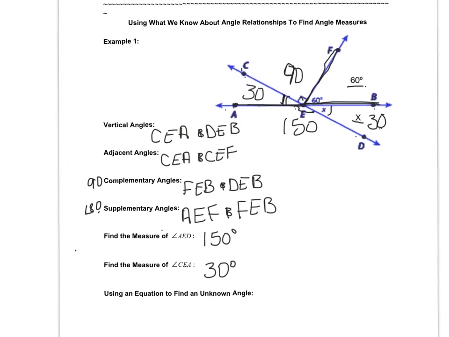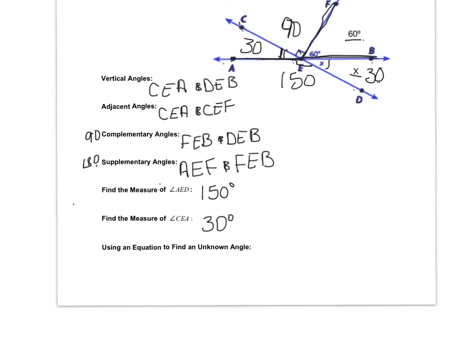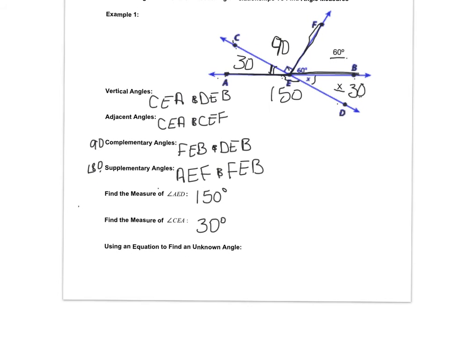So now, if we wanted to throw a little algebra into our geometry, we can use this diagram to write an equation for that missing value, which was listed as x in our diagram.